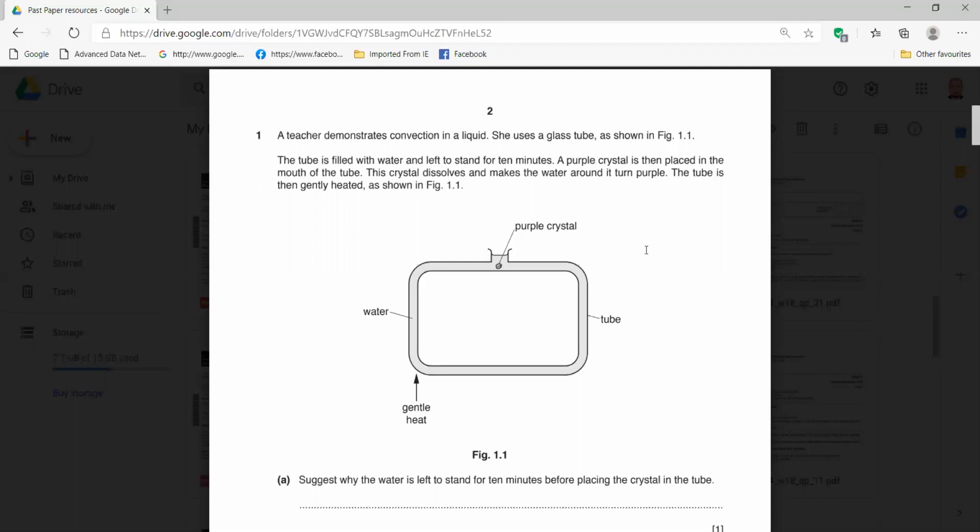You got the first point? Yes, sir. Okay, so the second point, you said that less dense molecules rise up, and more dense molecules sink down.